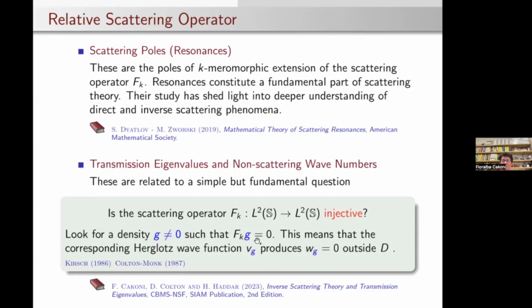This has been an area that started with the work by Kirsch and Colton and Monk in 1986. There is a vast literature in this field, especially after 2010, when people showed the potential existence of such non-scattering phenomena.